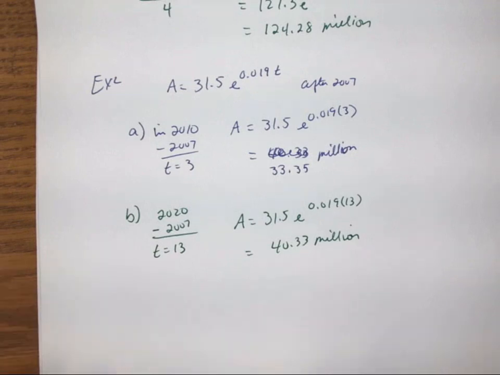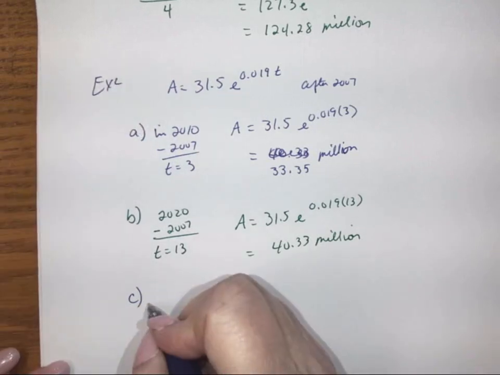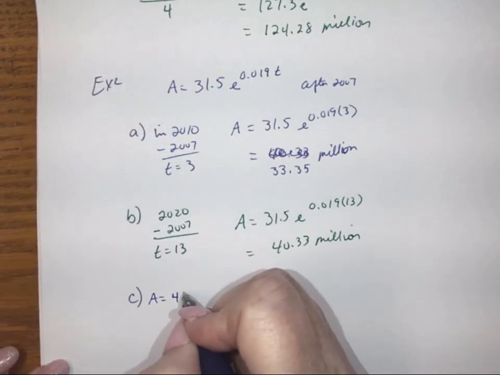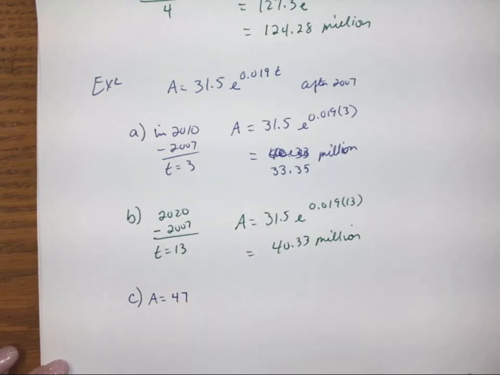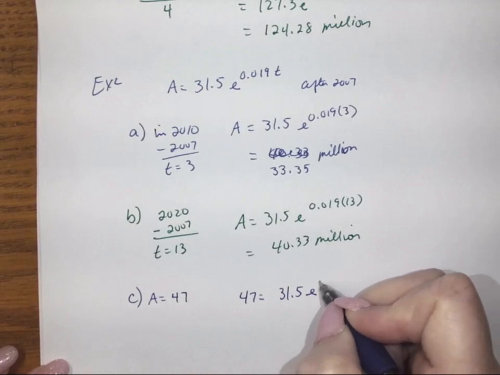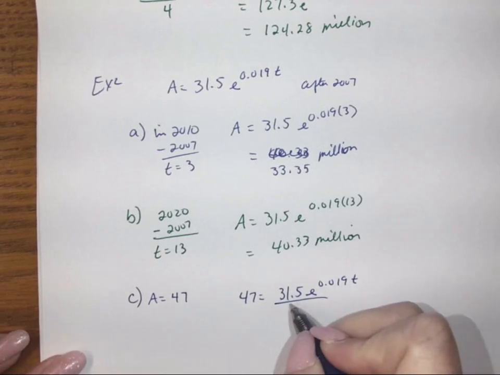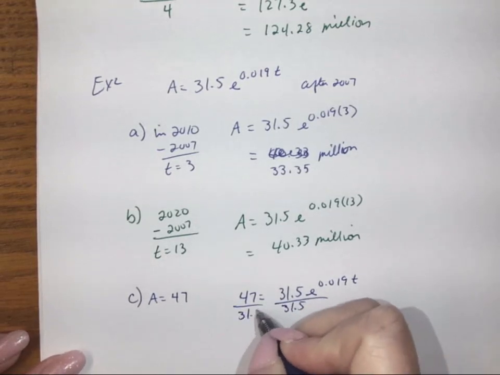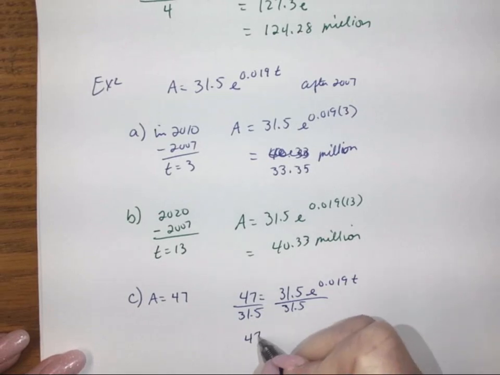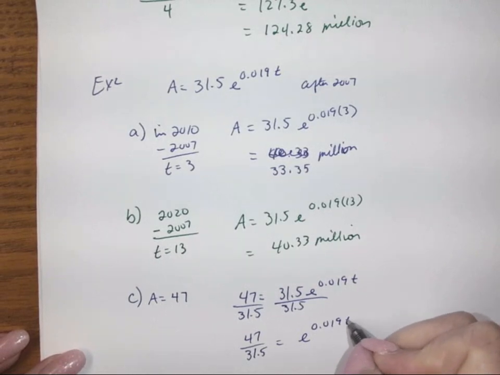Alrighty, so part C is asking us when will the population be 47 million? Well, 47 is going to be our accumulated value, so that's going to be our A. So we have that A is equal to 47. So we will have 47 is equal to 31.5 e to the 0.019 t. We're going to divide both sides by 31.5. So we'll have 47 divided by 31.5 is equal to e to the 0.019 t.